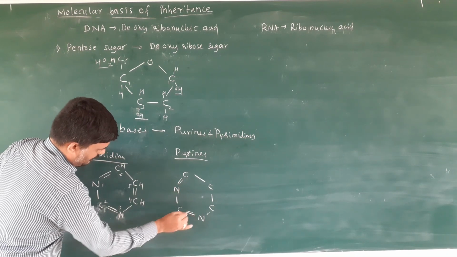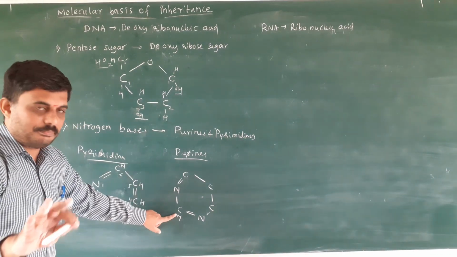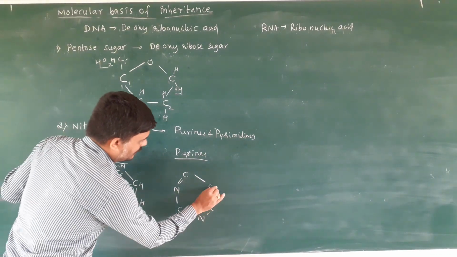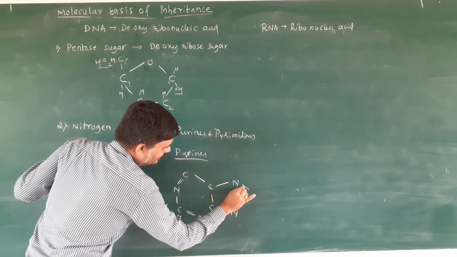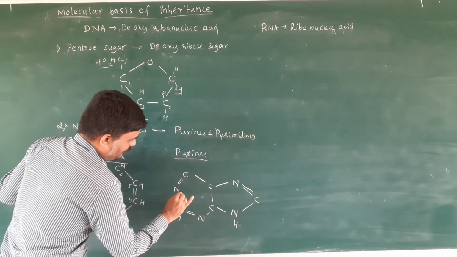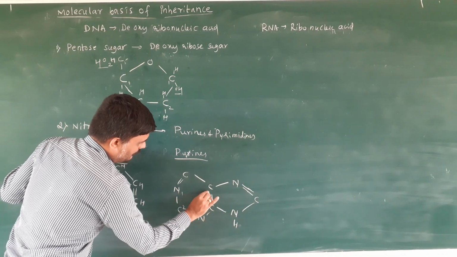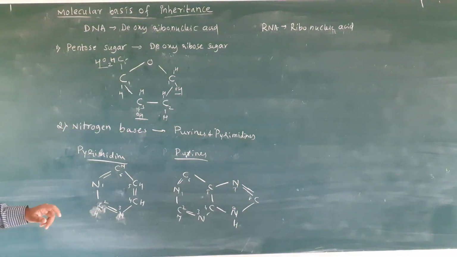Here also a double bond, because they have trivalent carbon, tetravalent molecule. So here the imidazole ring, N double bond C, N. So 1, 2, 3, 4, 5, 6, 7, 8, 9.